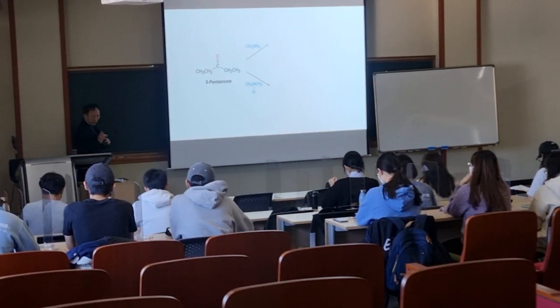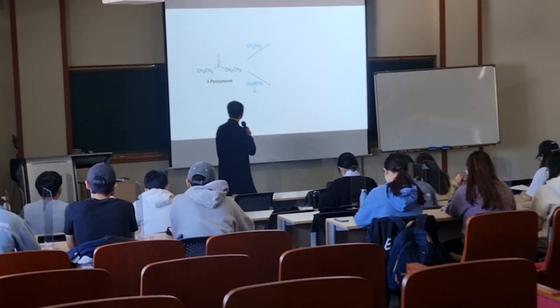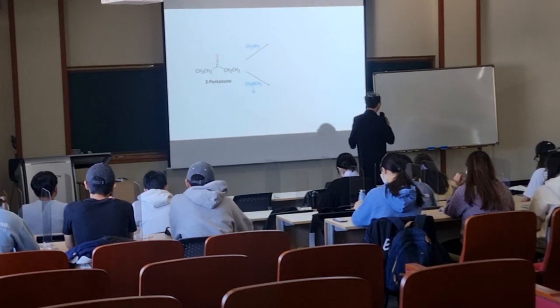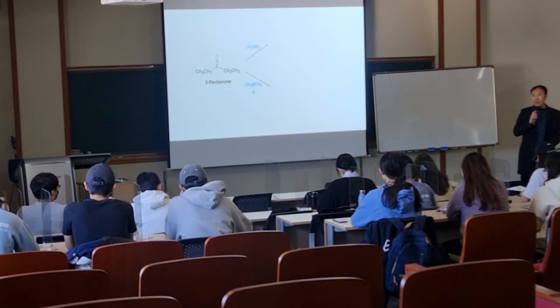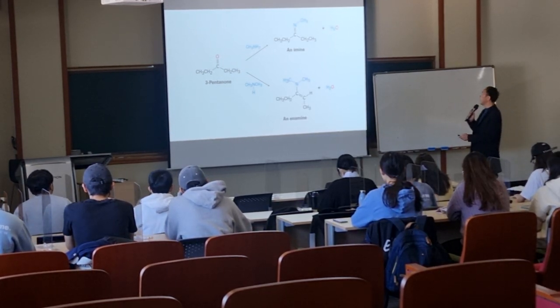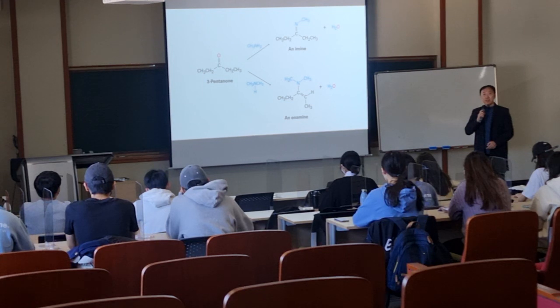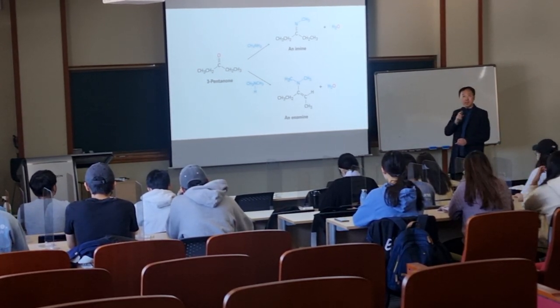Okay, let's start today's lecture from here. So in the last class, we had a ketone, and if you had an amine, that amine attacks first, and then dehydration occurs, and depending on whether it's a primary amine, the C=O double bond is exchanged with the C=N double bond. That's what we call imine.